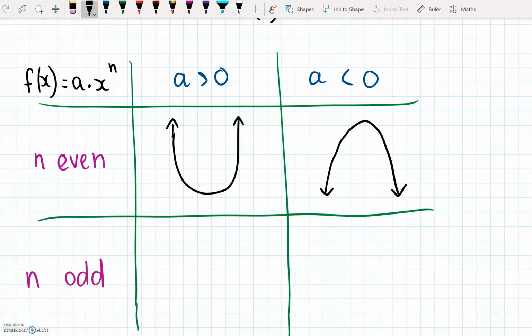All right. If n is odd, that means we have something like x cubed. And remember we said if it's positive, then as we go from left to right, it increases. So that function is going to look like this. And if it's negative, it's going to just be a reflection of that, where it goes from left to right, it decreases. Okay, this is the main thing we want you to get out of this lesson.